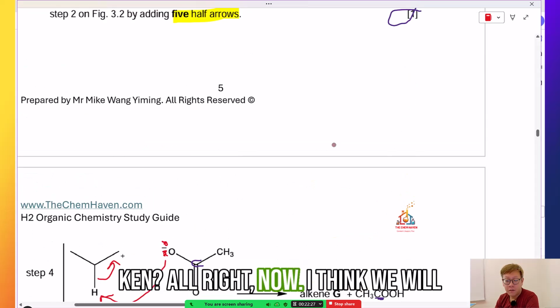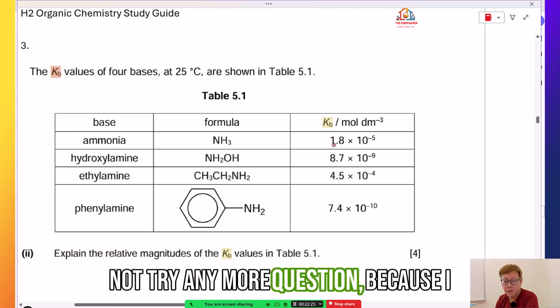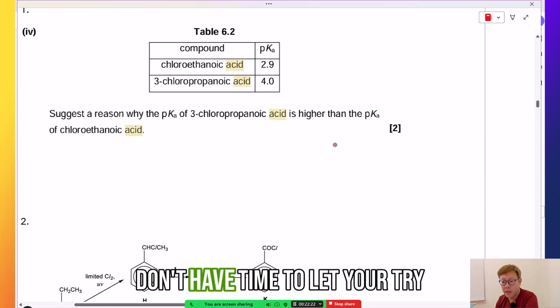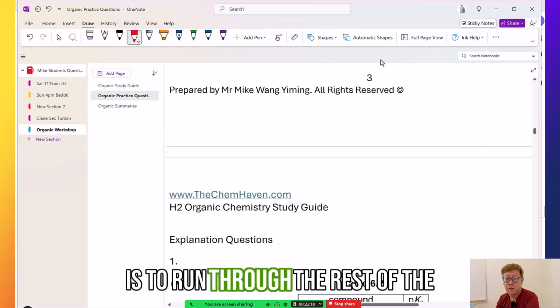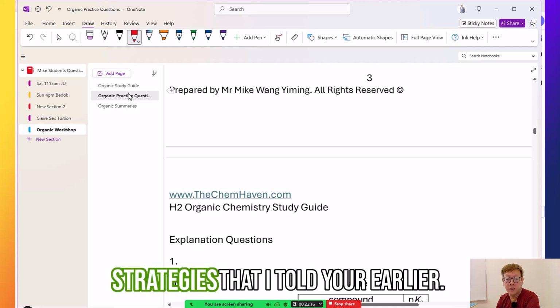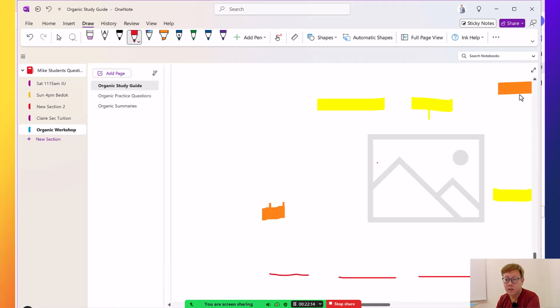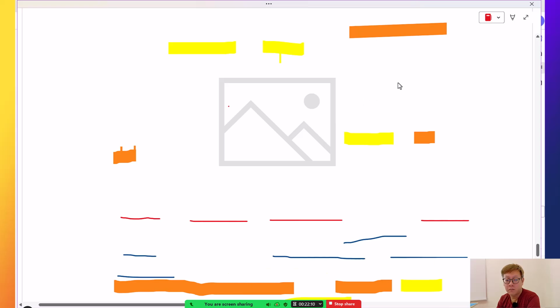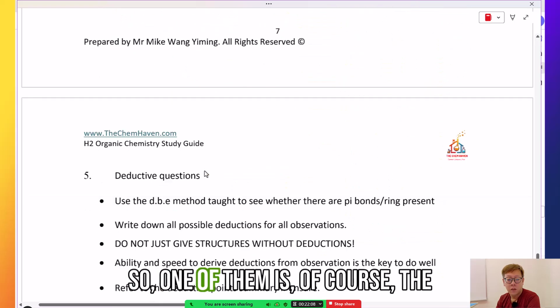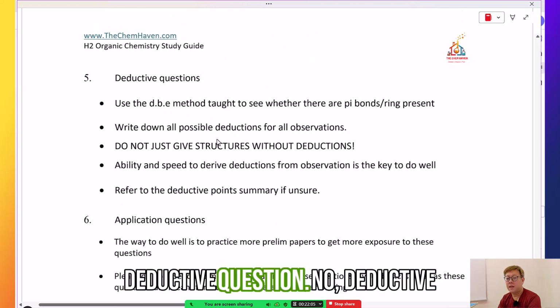Alright, now I think we will not try any more questions because I don't have time to let you all try already. But what I want to do now is to run through the rest of the strategies that I told you all earlier. So we still have 2 other types of question. One of them is of course the deductive question.